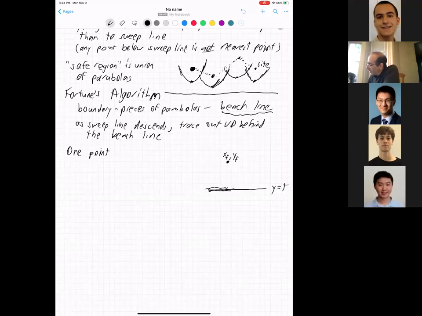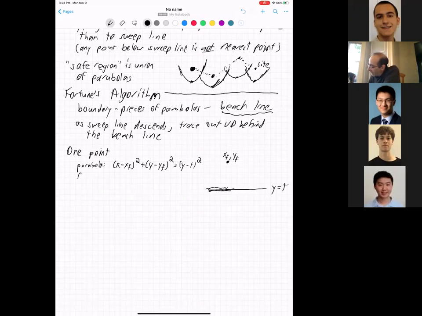The parabola equation is the set of points that are equidistant from the focus, the site, and from the sweep line. In other words, (x minus xf) squared plus (y minus yf) squared, the squared distance from the point, is equal to (y minus t) squared, the distance from the line. So all the points x, y that satisfy this equation are the parabola points.